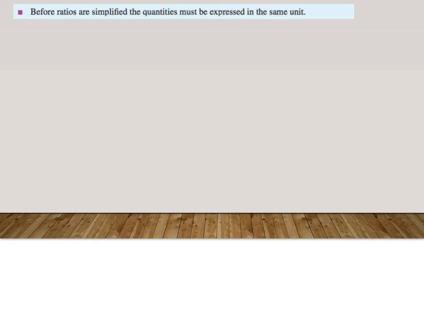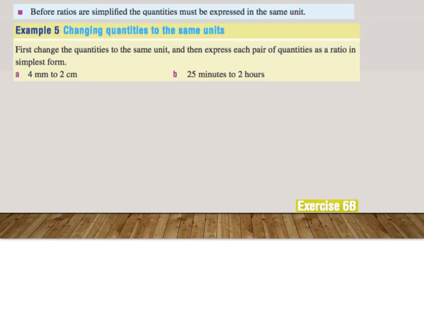The last part of this exercise will be to change to the same unit before we simplify, as this is important when we have different units. In example 5, we will need to change to the same units before we can find out what the ratio is in simplest form.